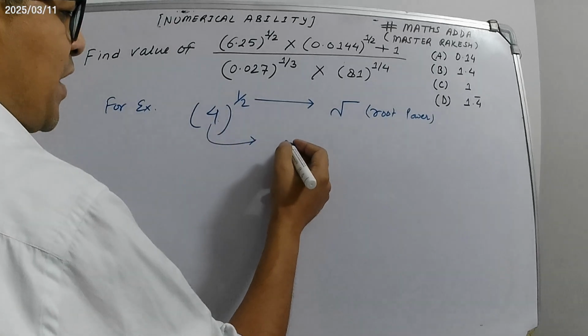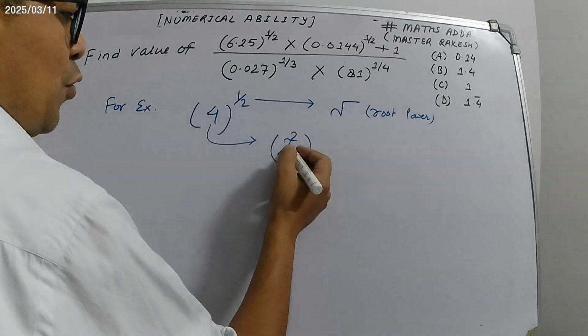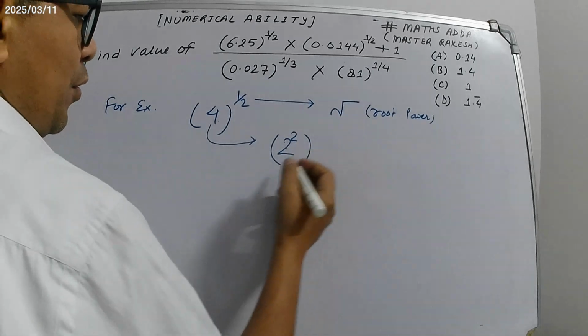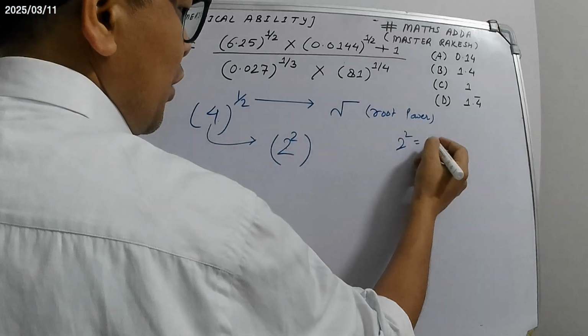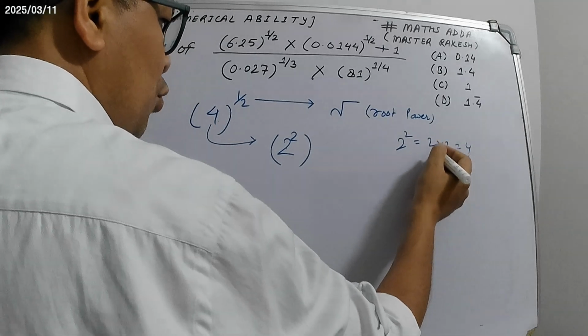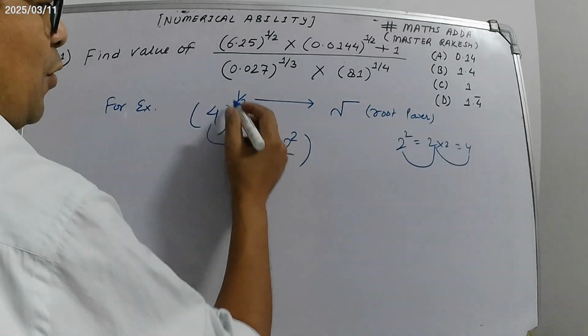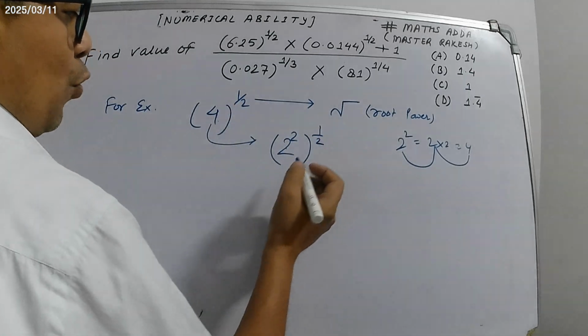4 we can write as 2 raised to power 2, that is 2 into 2. So 4 we have written as 2 raised to power 2, whole upon 1 by 2.